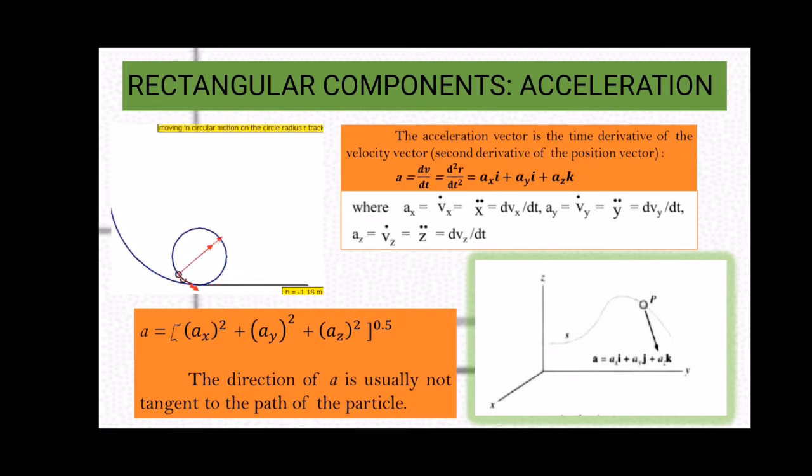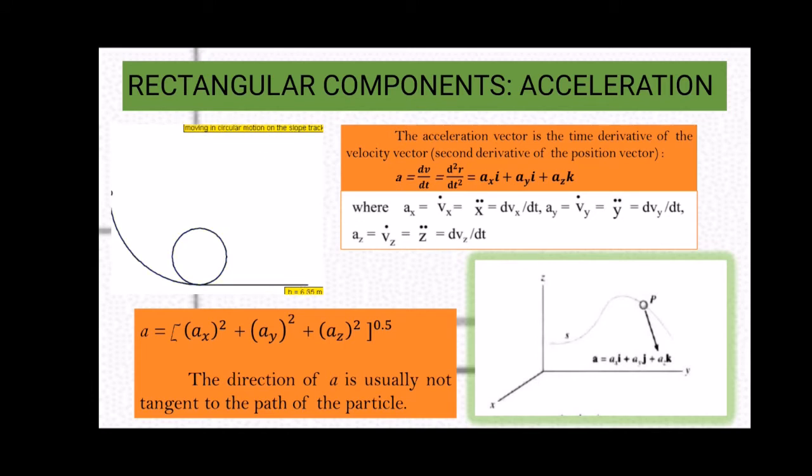Then it equals a sub x i plus a sub y j plus a sub z k, where a sub x is equal to the first derivative of x, then it equals the second derivative of x, that equals the derivative of v sub x over derivative of t.